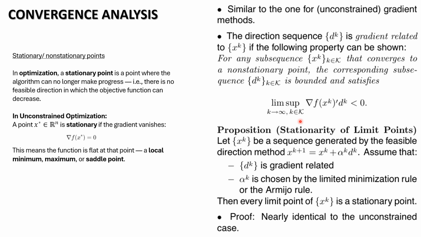How can we interpret this? We are considering subsequences of iterates and directions, often needed in convergence analysis. If xk converges to x star and x star is not a stationary point, then the directions dk must still point downhill. So this product should be negative.